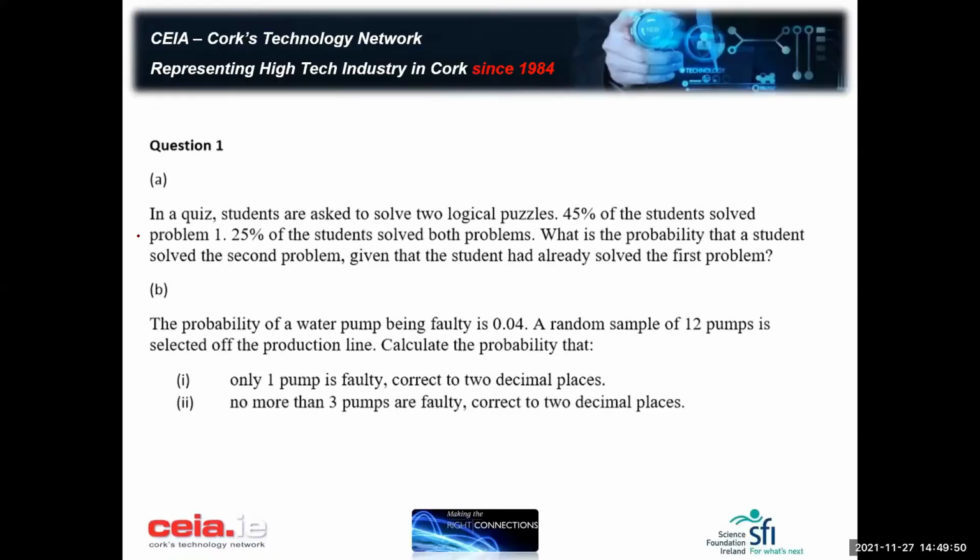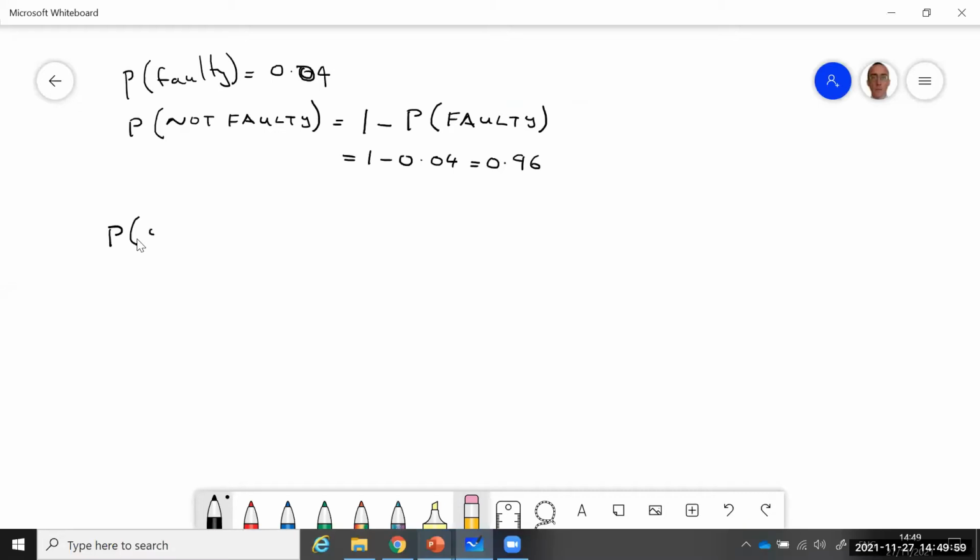As per the question, a random sample of 12 pumps is selected off the production line. Calculate the probability that only one pump is faulty, correct to 2 decimal places. Now any one of the 12 pumps can be faulty, so it's 12 choose 1. This is the Bernoulli trials, right?